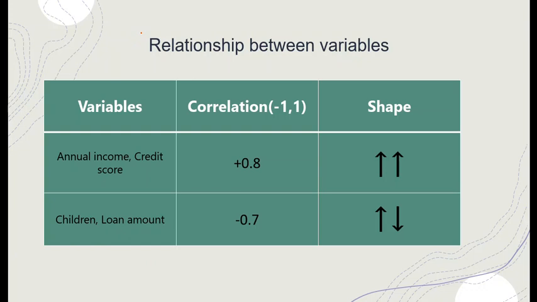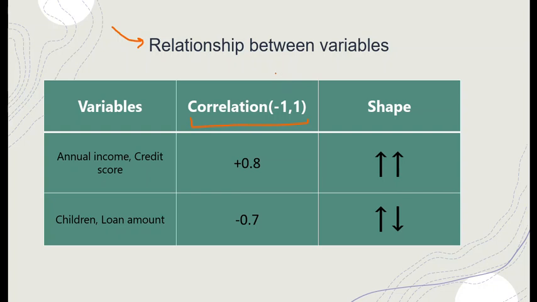And finally, we study the relationship between certain variables. In this case, we want to see the correlation or the relationship between the annual income and the credit score. Keep in mind that the correlation value, right, ranges from -1 to 1. The closer we get to 1 or to -1, the stronger is the relationship.